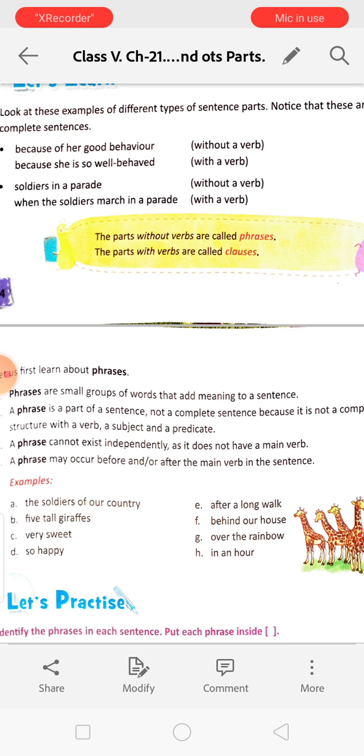We will get a full meaning of the sentence, then it is called a sentence. See, for example, because of her good behavior. Her good behavior is without a verb.